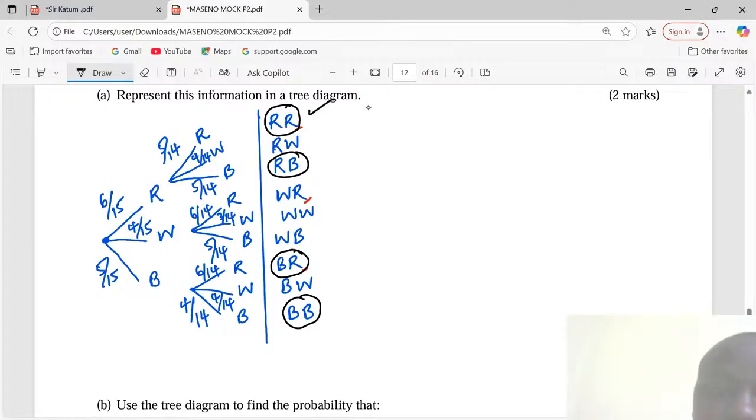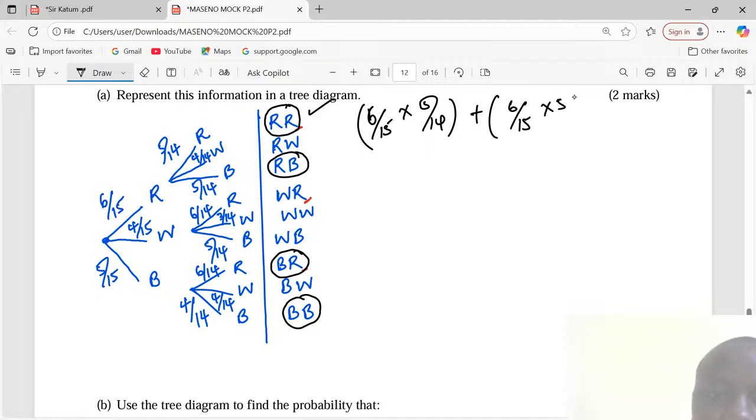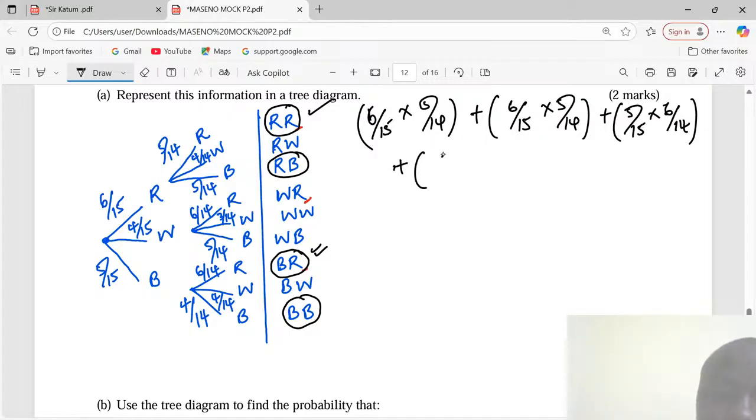We need the first case here, which is 6/15 and 5/14, or the next is red and blue, 6/15 then 5/14, or the next is 5/15, which is blue, followed by red, 6/14, or finally 5/15 and 4/14.